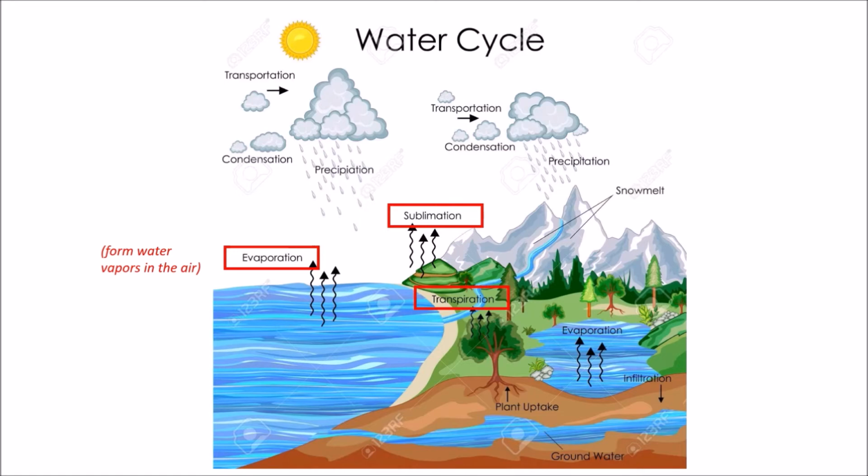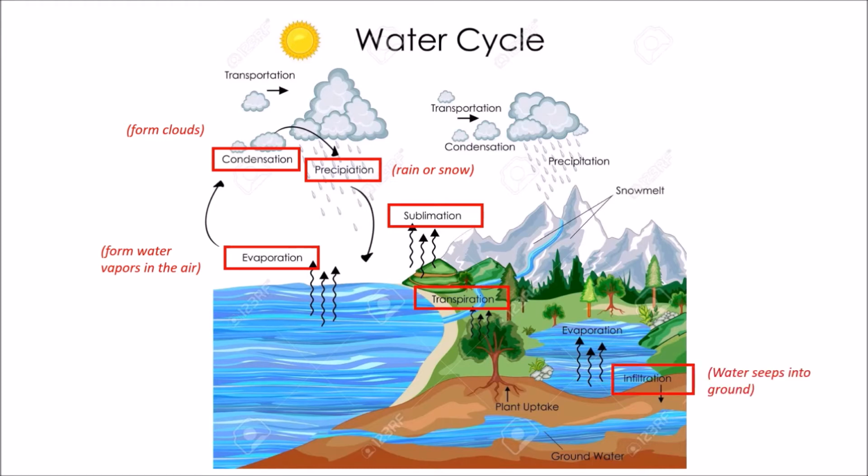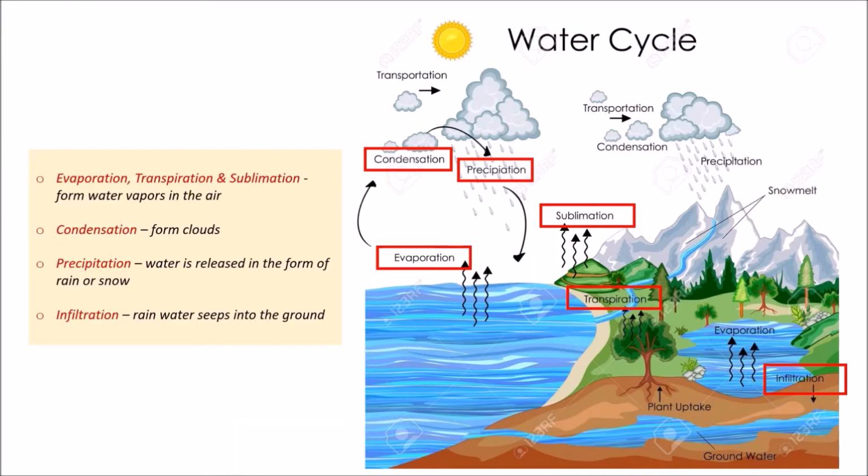These vapors go through the process of condensation to form clouds. Then through the process of precipitation, water is released from clouds in the form of rain or snow. This rainwater again enters water bodies or seeps into the ground through the process of infiltration. And once again the cycle continues. So this is the whole picture.